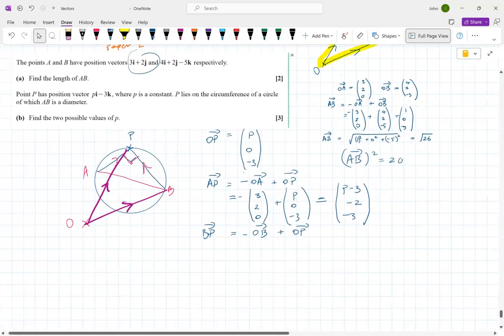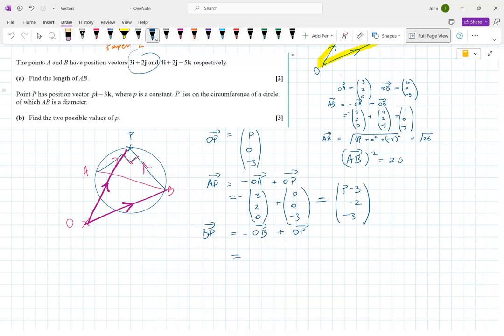OB is, again, written up here in the question. That's equal to negative (4, 2, minus 5) plus OP, which is exactly the same as what we've got above.